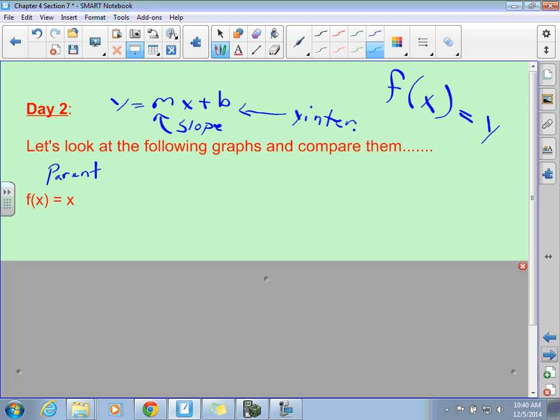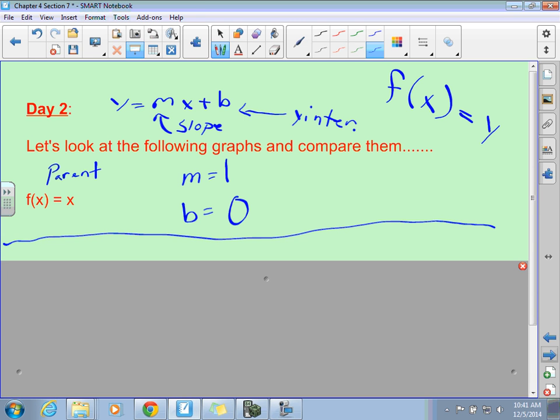So in this example, my m would be what? It's 1. It's the number in front of x. And my b is what? It's 0 because it doesn't exist. Okay? Now, here comes the kid. The kid's like, I want my curfew at 2.